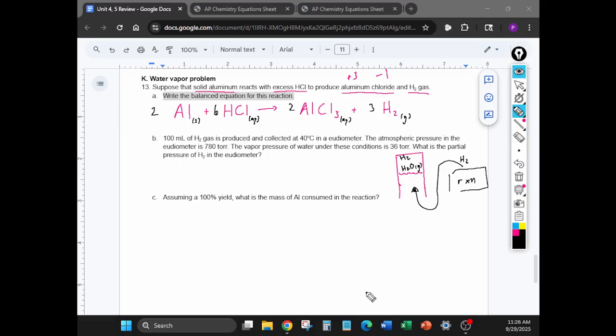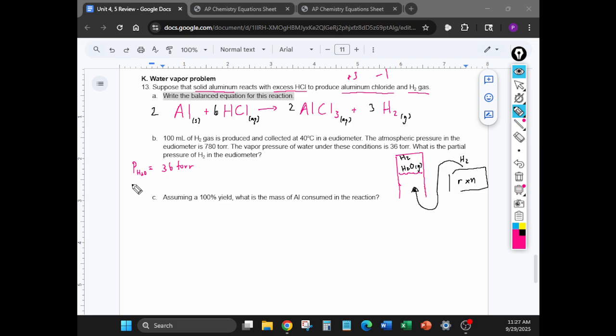If you remember, we talked about the wet H2 gas, right? It means that there's some water combined with it. And so this question is very simple. It gives you a lot of information that you'll need for the next part. But it tells you the vapor pressure of water in these conditions is 36 torr. So what this means is the partial pressure of H2O is 36 torr.